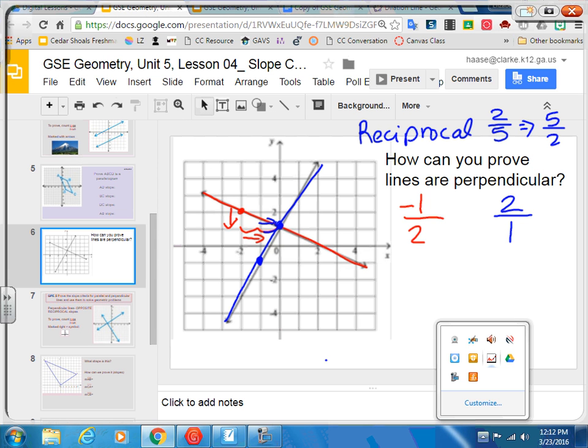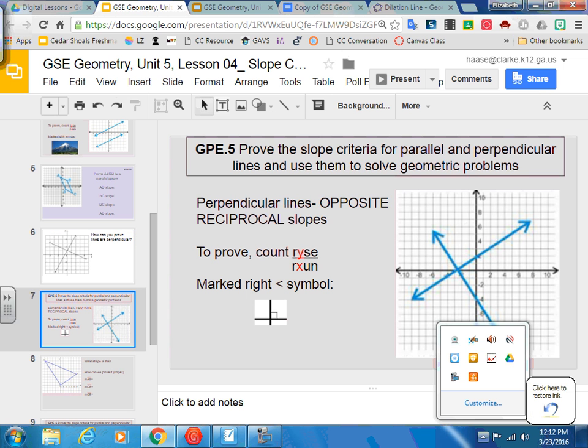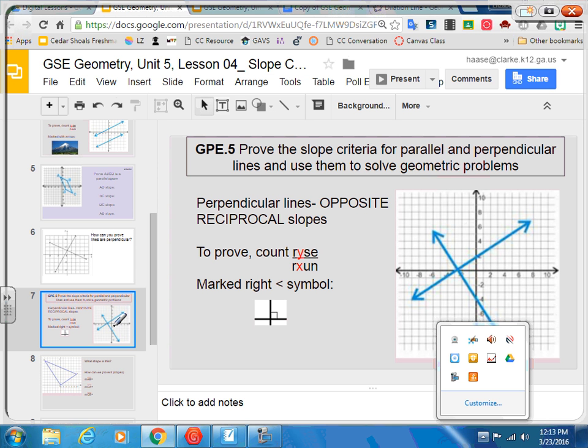So on your paper, you should have 2 blanks to fill in. Now, right here, fill these in. Okay, good deal. We have opposite reciprocal slopes.